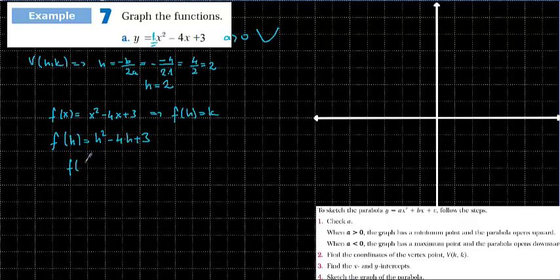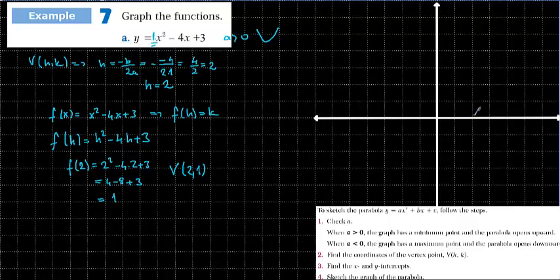The h value is equal to 2, so f(2) is equal to 2 squared minus 4 times 2 plus 3, which is 4 minus 8 plus 3. 4 minus 8 is minus 4, plus 3, it's equal to minus 1. So the other value of the vertex is here: 2 and minus 1, this is the vertex point.